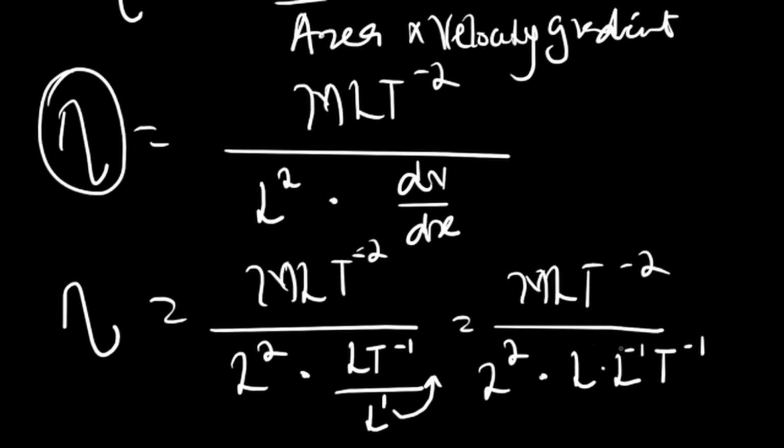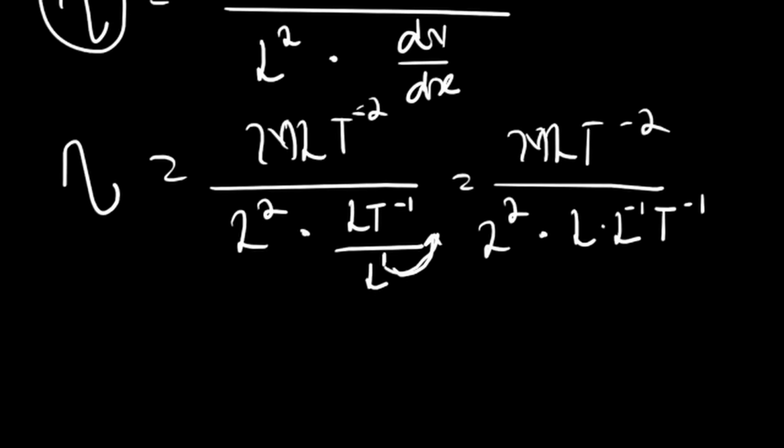It's not anything complicated. I just took it away from the denominator upwards. If it has the power of 1 down here, if it goes up, it becomes a minus 1. If it has the power of negative 1 down here, when it goes up, it becomes a negative 2, and so forth. That is how it works.